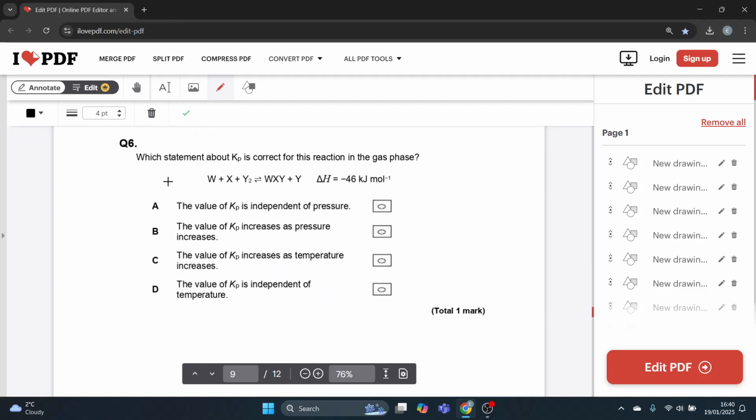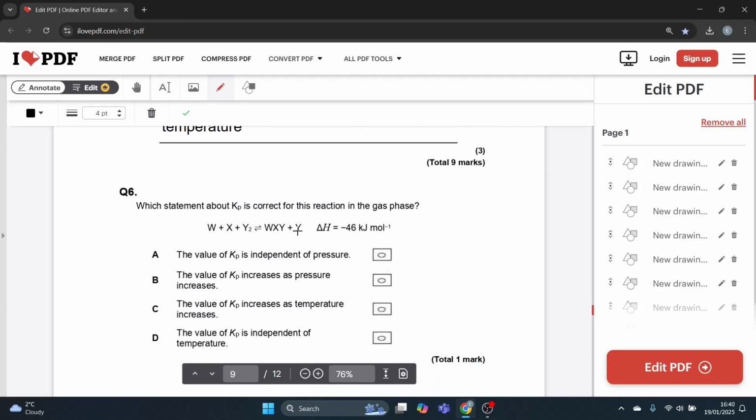And then question 6 says, which statement about Kp is correct for this reaction in the gas phase? Okay, so I know delta H is negative, so the forward reaction is exothermic. The value of Kp increases as pressure increases. That's false.